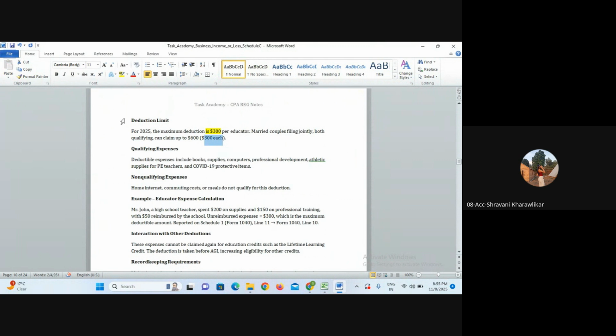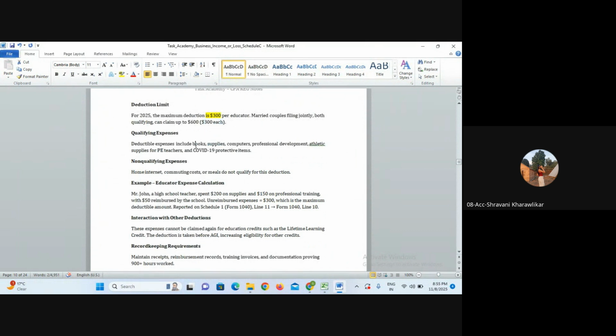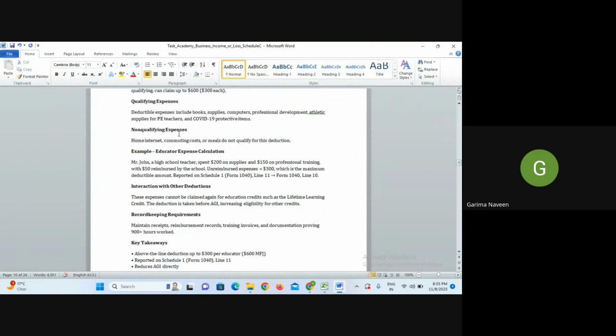Okay. Yes. Non-qualifying expenses, like if you are paying for home internet, community cost, meals, are not qualified for this deduction. Okay, ma'am.